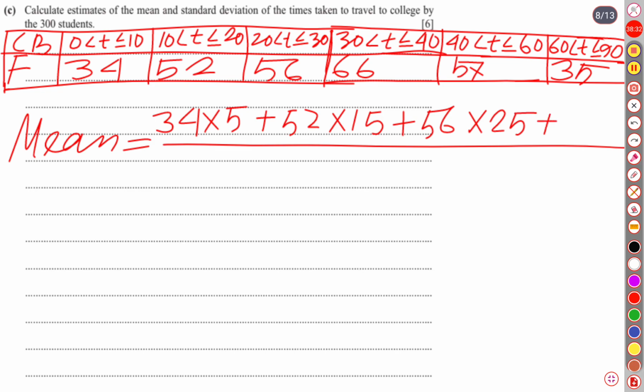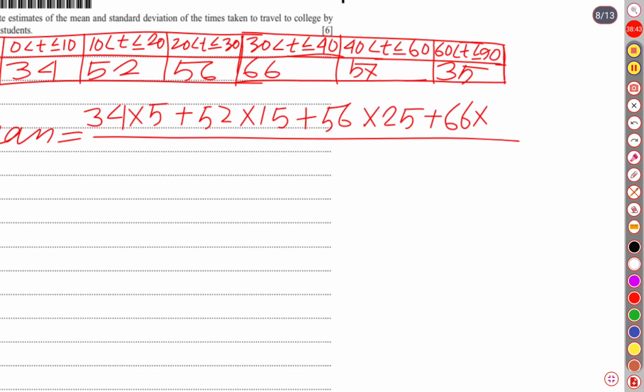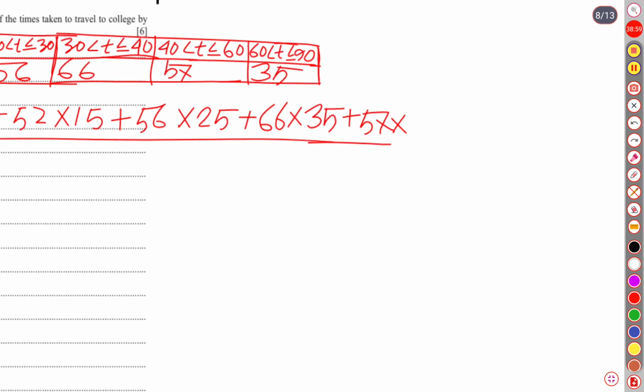Plus the next frequency is 66, which will be multiplied by its midpoint, 35. Plus our frequency is 57, which will be multiplied by midpoint 45.